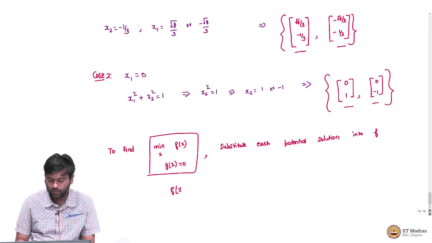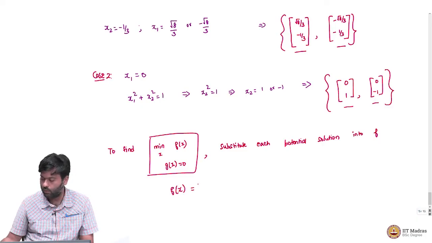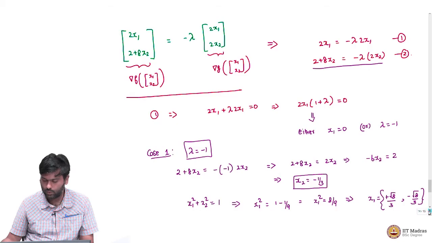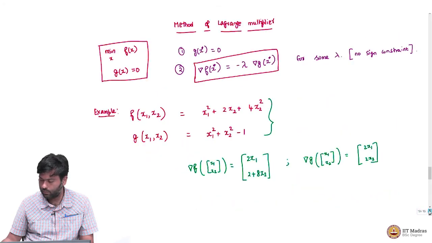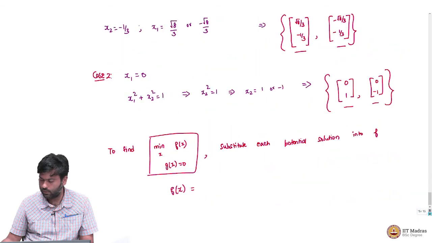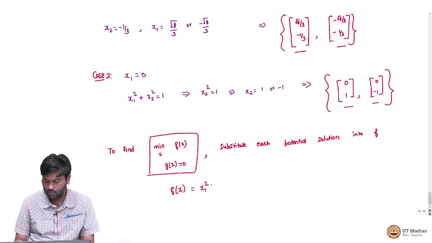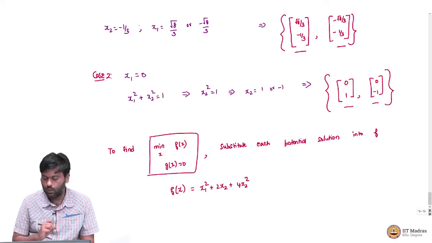So, what was our f of x? Let me go back to make sure I have the right f of x. It was x1 squared plus 2x2 plus 4x2 squared. Right. Now, what does this tell us?